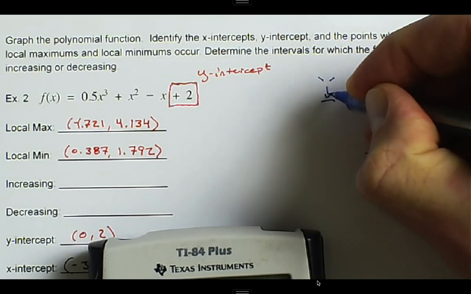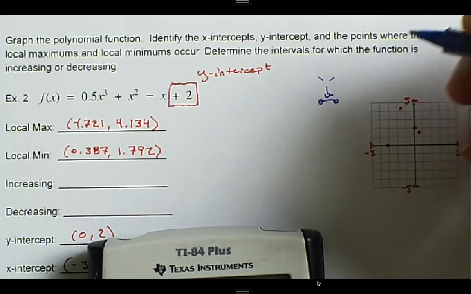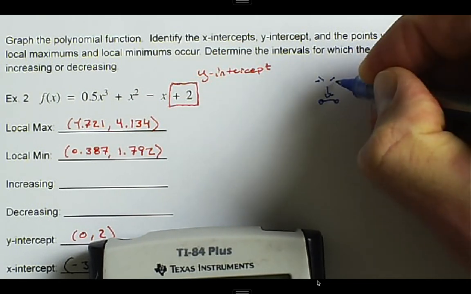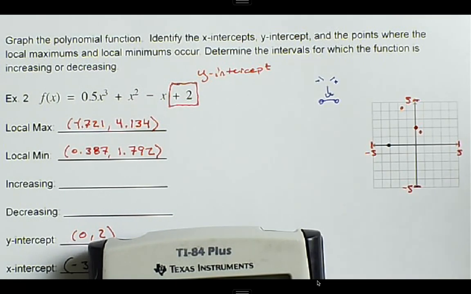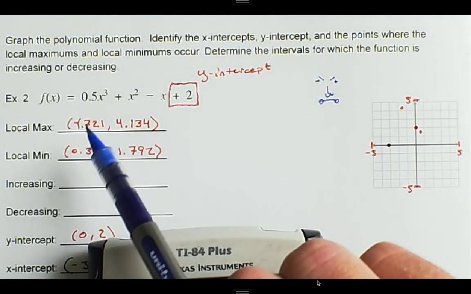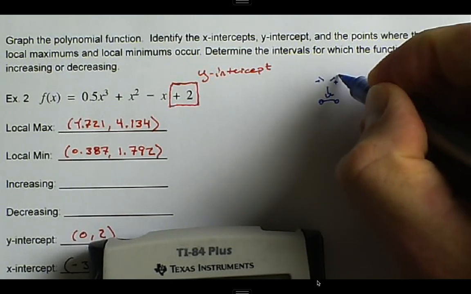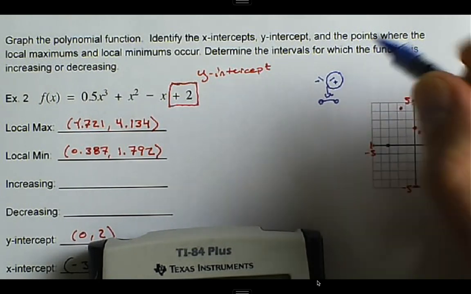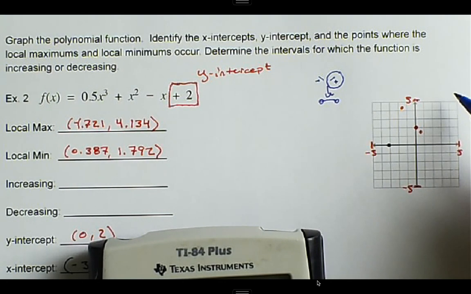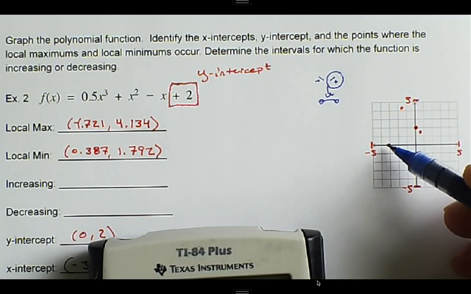So we know that this is undefined. We know that this is 0. We know that this is negative and this is positive. And our A value here is positive 0.05. So we know that we're going to be looking at this. So we're going to start low and we're going to work our way high. And we only have one x-intercept.